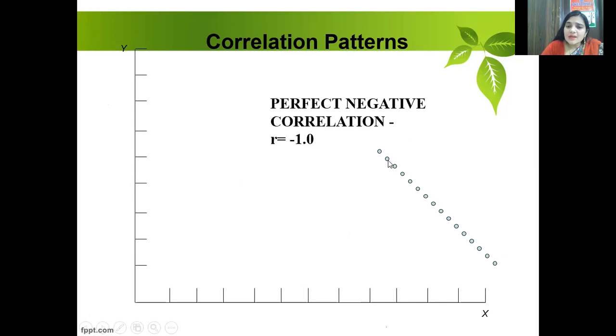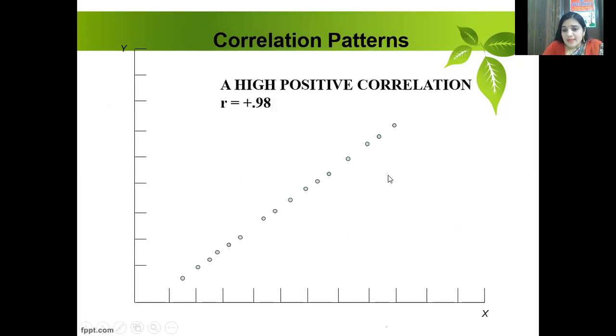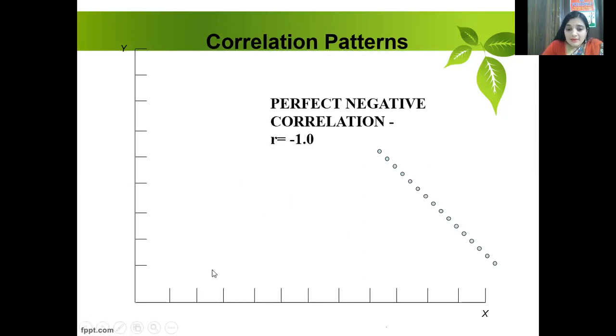You can see the straight line here. A straight line means some perfect positive or negative correlation. If the line is like this, when x is increasing, y is also increasing. That means high positive correlation, right? But when x is increasing, y is decreasing, that means there is a negative correlation.